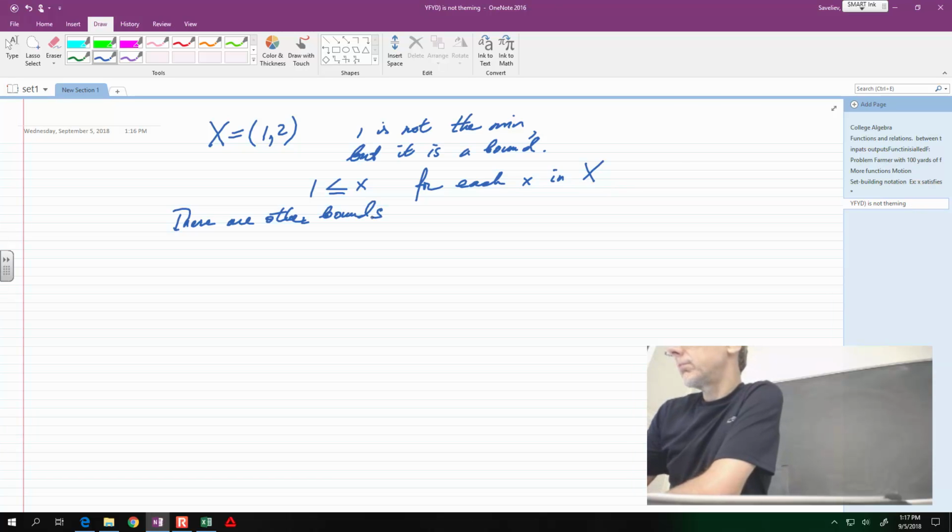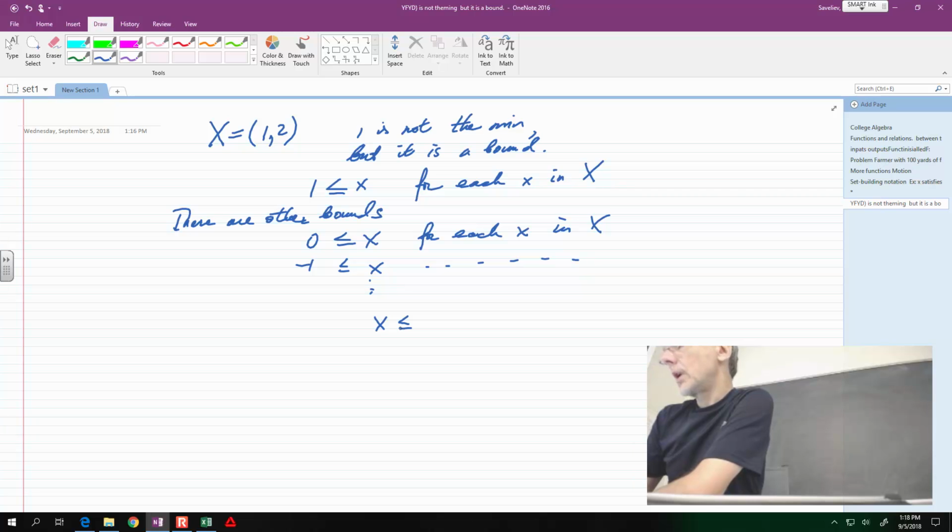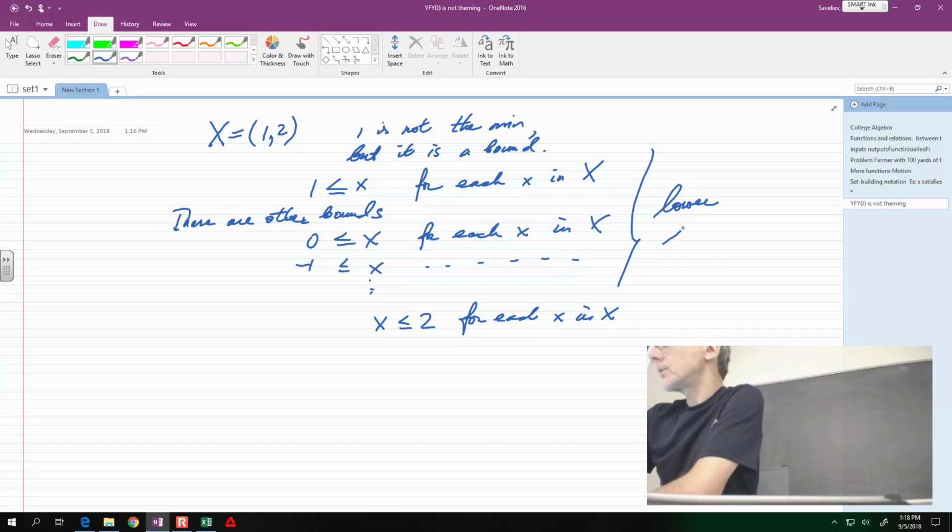Say 0 is less than or equal to x for each x in X. And then also -1, -2, and there are a bunch of these numbers. They're all bounds. In fact, we can then step to the other side, and we discover that x is less than or equal to, say, 2 for each x. So if these are called lower bounds, these are called upper bounds.